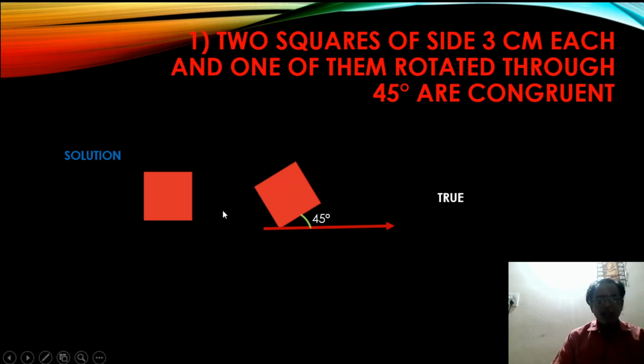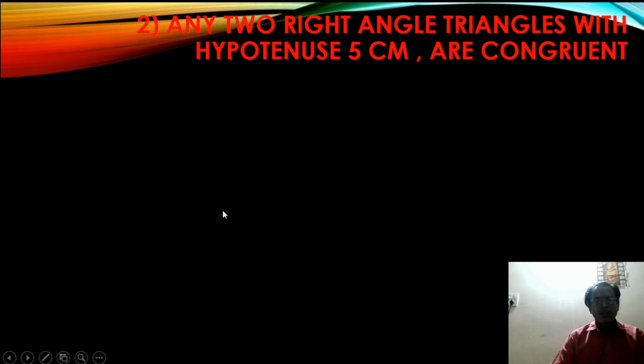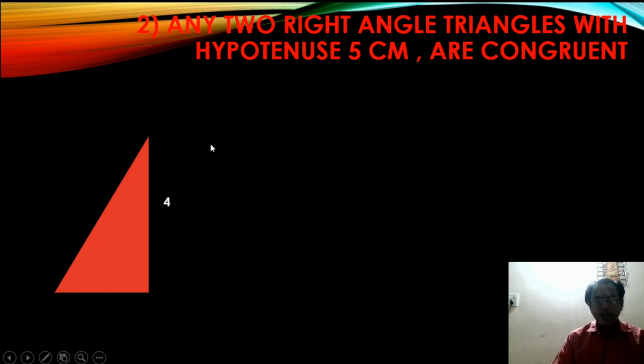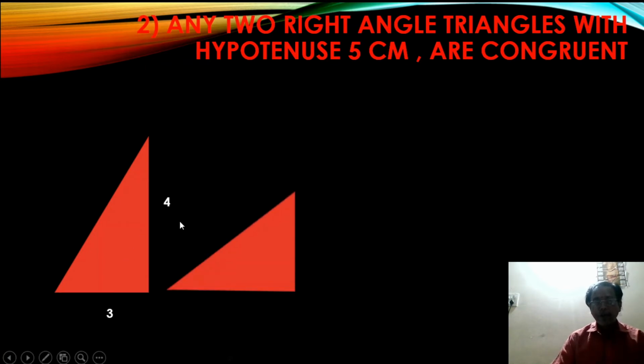Okay, children. Now next, any two right angle triangles with hypotenuse 5 cm are congruent. He is saying any two right angle triangles which have the same hypotenuse, that is 5 cm, are congruent. Can you say it is true? So I am taking one right angle triangle with 3 as the base, 4 as the height, whereas here 4 is the base and 3 is the height.